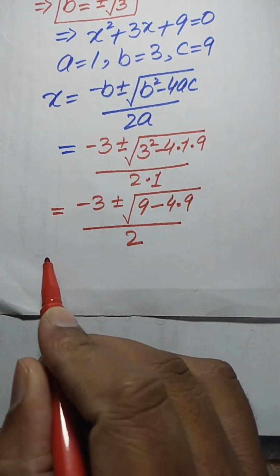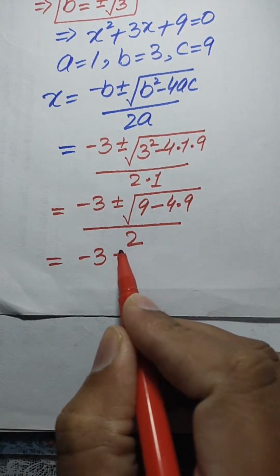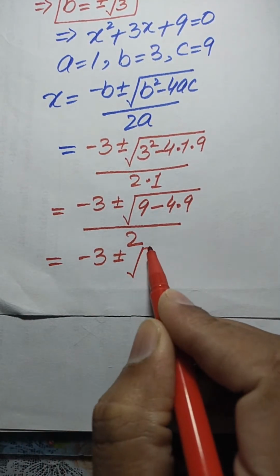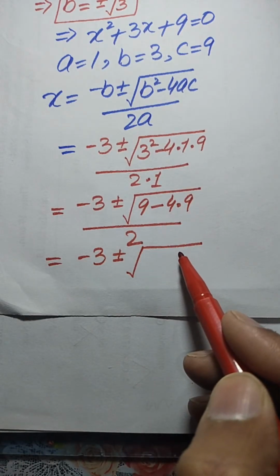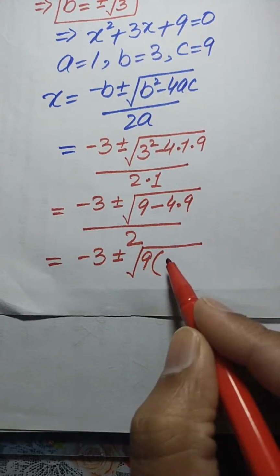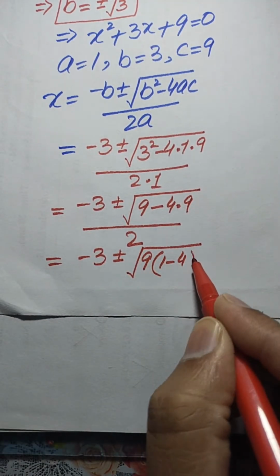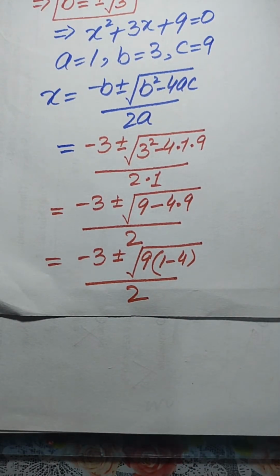So we need more simplifications, and it will be written as minus 3 plus minus square root of, you see that 9 lies inside the square root sign, so we take 9 common from here, and the remaining value is 1 minus 4, and it is divided by 2.